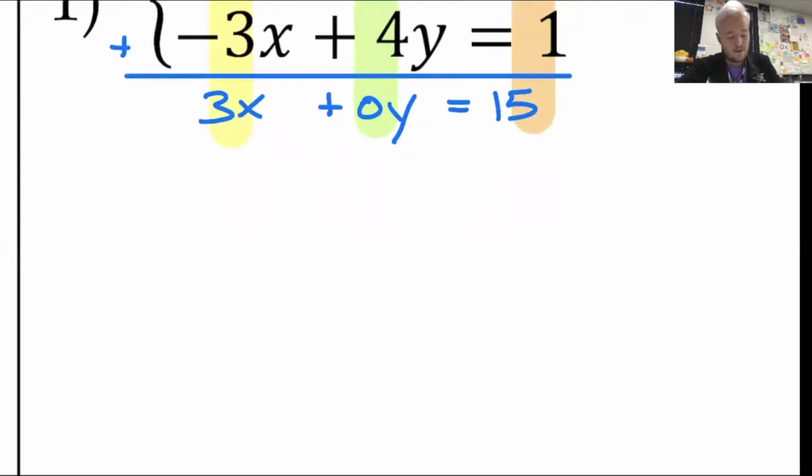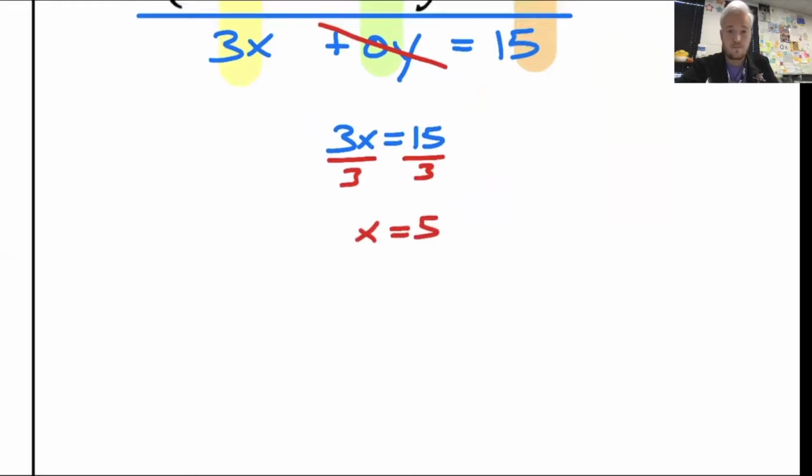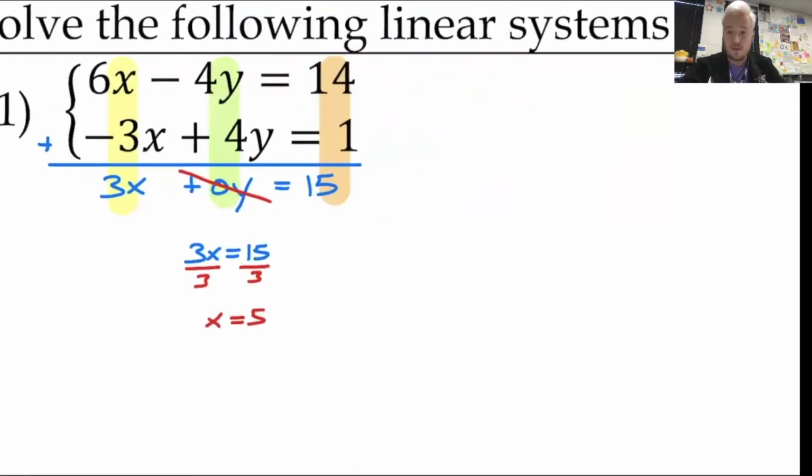Anything times 0 is 0, so the y term is gone. All I have left here is 3x equals 15. Now I can use this equation to solve for x. I'm going to divide everything by 3, so I get x equals 5. Remember, for a system, we're looking for a solution. Our solution is going to be some x comma y.